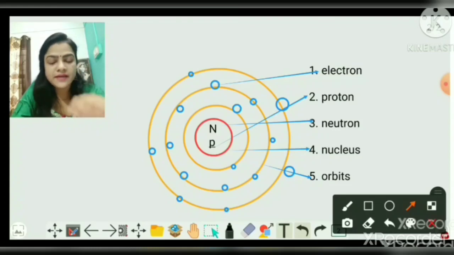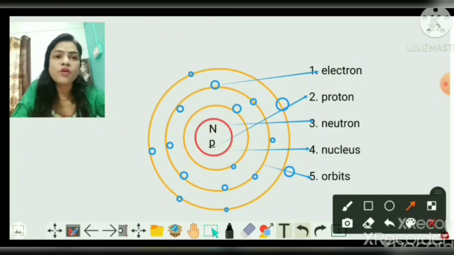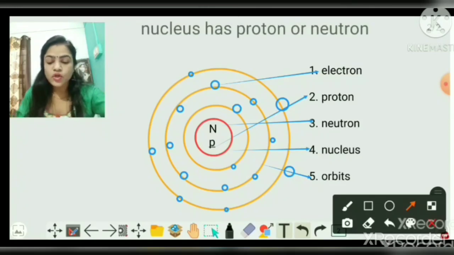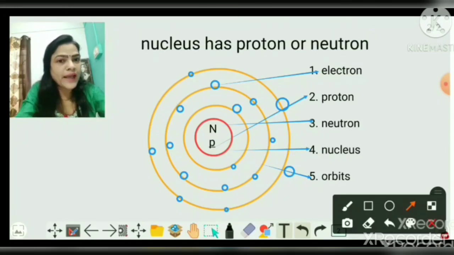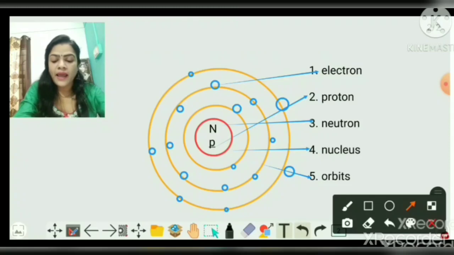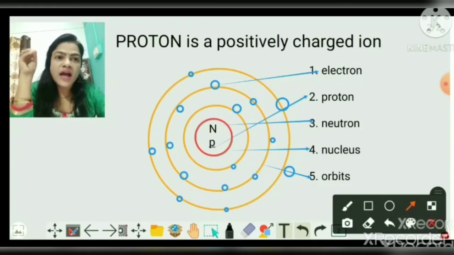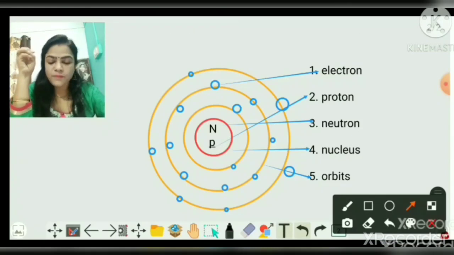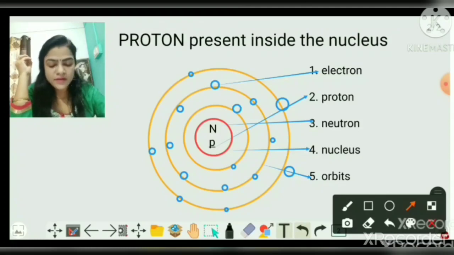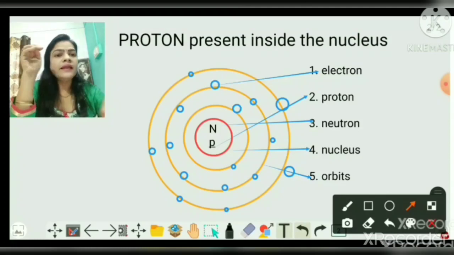First, the central part of any atom is known as the nucleus. Nucleus has proton and neutron. Second is proton. What is proton? Proton is a positively charged particle present inside the nucleus of any atom.